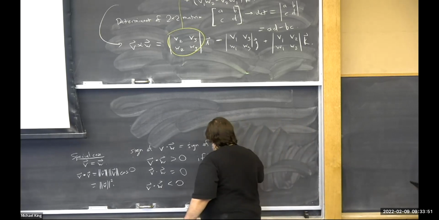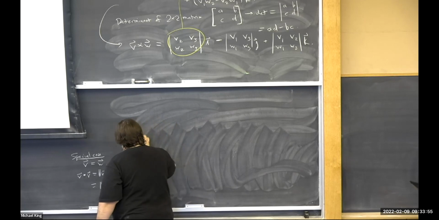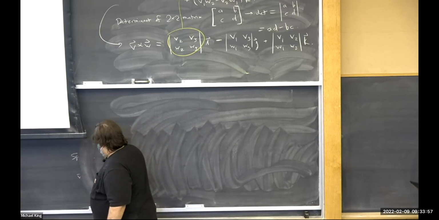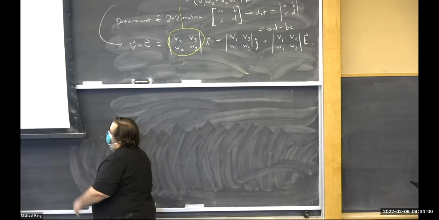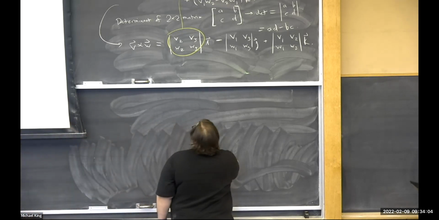It's important because the determinant actually tells you things about areas and volumes. Like I said, the magnitude of the cross product is supposed to be the area of a parallelogram, so there's a relationship.